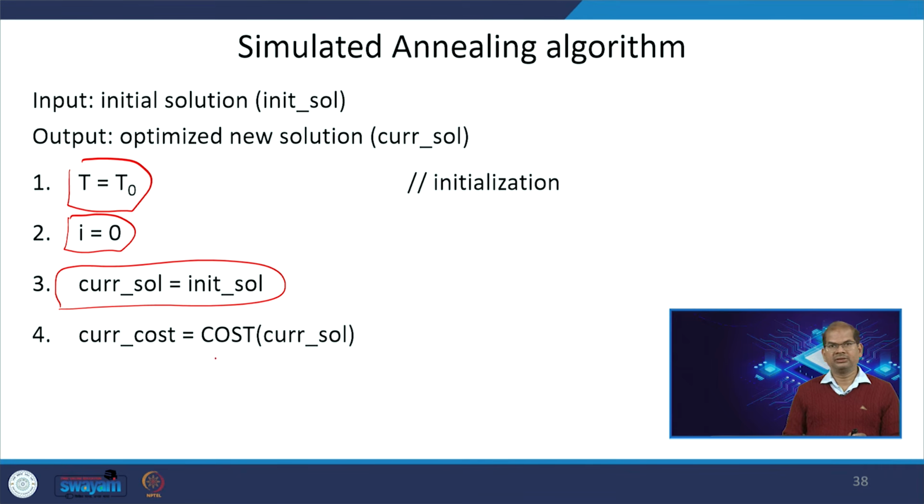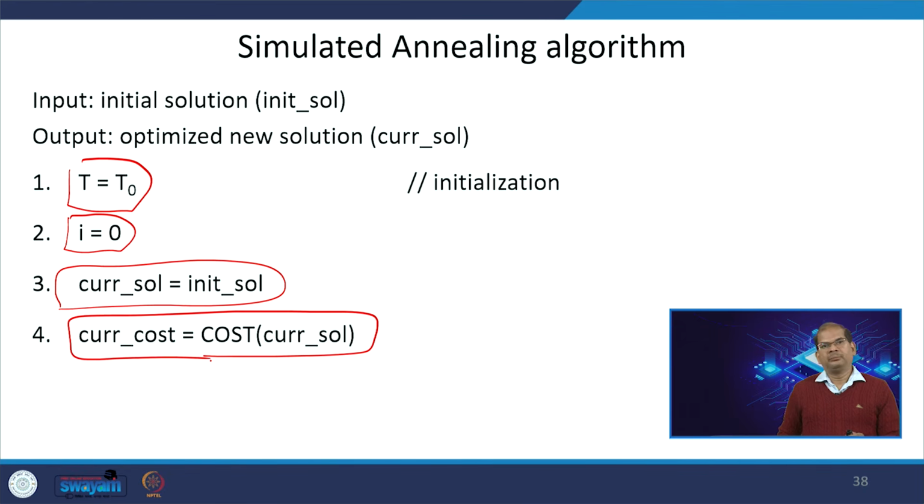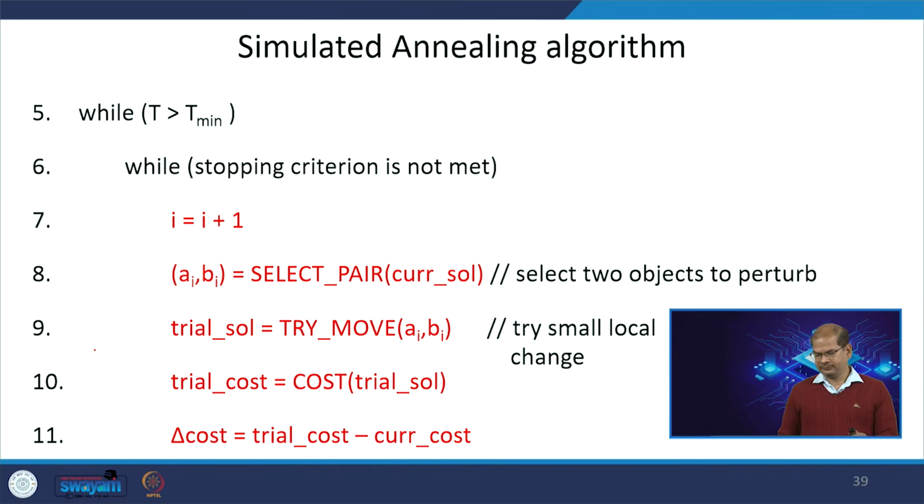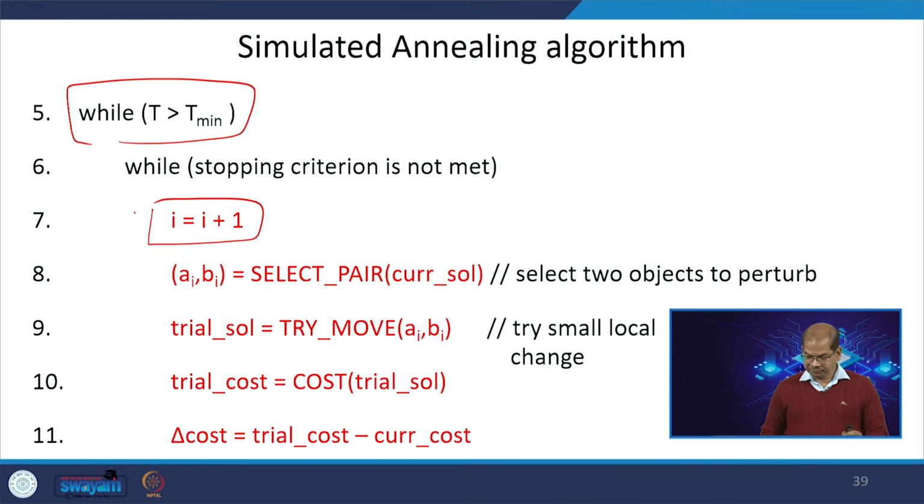The cost is a function for the algorithm; we pass the present configuration through a cost function to find its cost. Now we have a minimum temperature: while T is greater than T minimum. If I reach a certain temperature, I can stop. This is the stopping criteria. Then I increase the iterations.